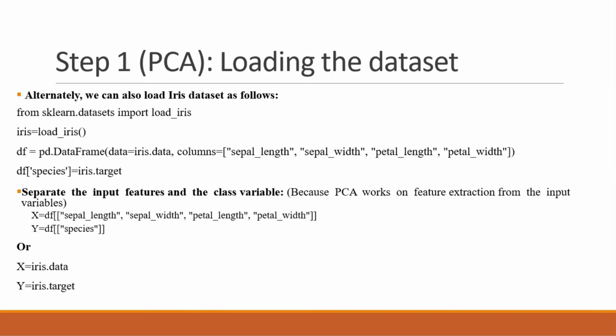Similarly, that can be done by using this command x equal to iris.data, or y equal to iris.target. So obviously that was there in this data and target. So we have made the things out of the data frame.